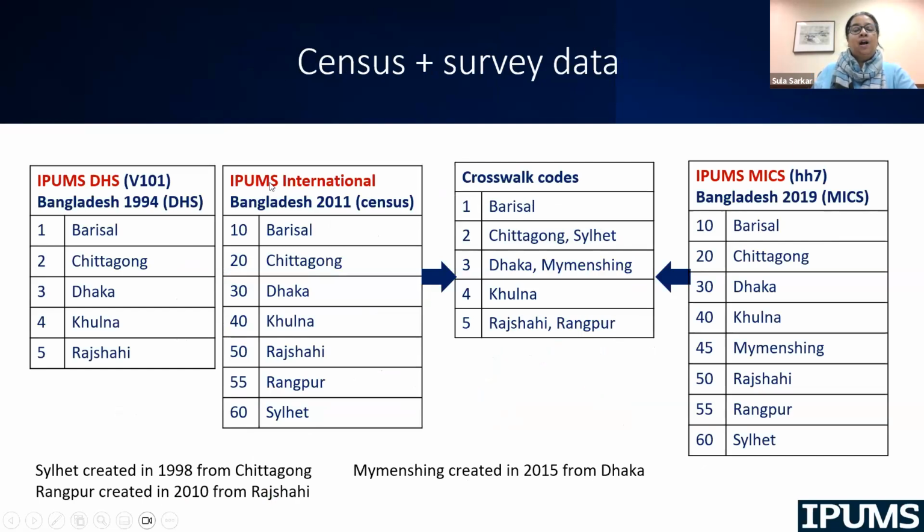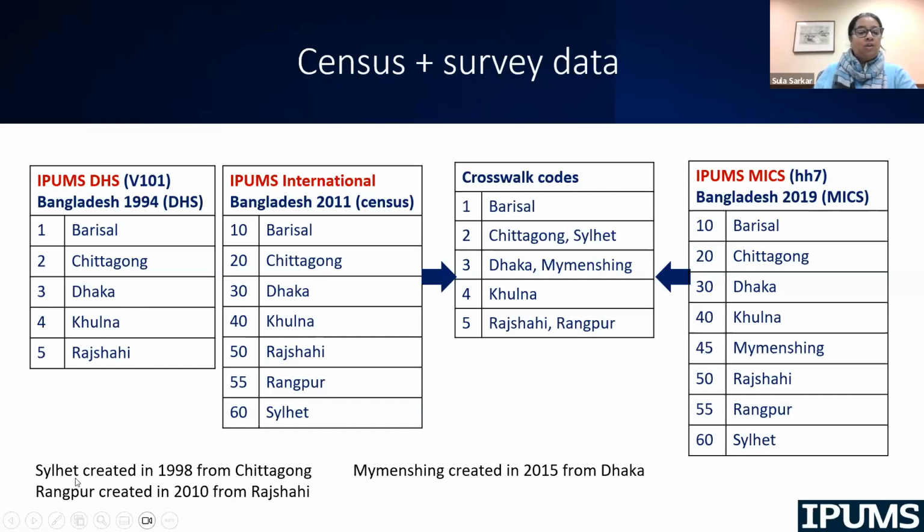This is an example from Bangladesh in IPUMS International, that's the census data. In 2011, you have these codes. In DHS, in 94, you have these codes. And in IPUMS MICS in 2019, you have these codes.